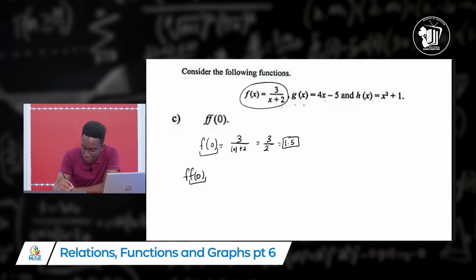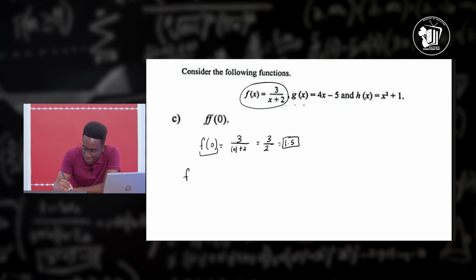So we'll have f of 1.5, or 3 over 2, whichever one you want to use. This will be equal to 3 over, instead of x plus 2, 1.5 plus 2, which gives us 2.5.